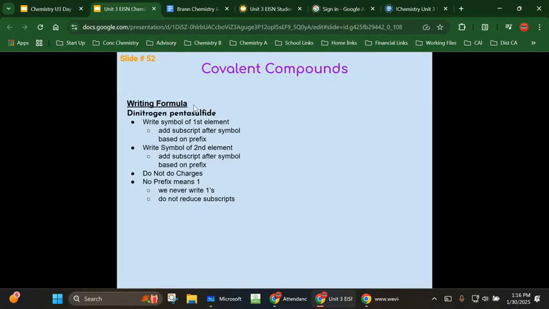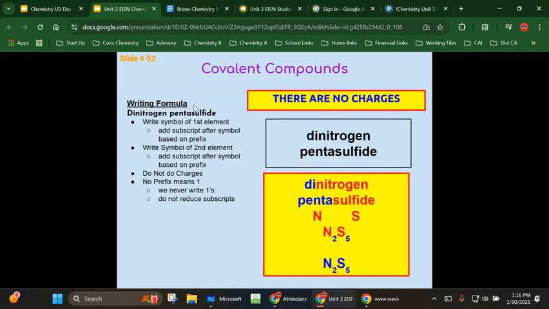Dinitrogen pentasulfide. Dinitrogen. Jalen, what does dinitrogen mean? 2 nitrogens. What does pentasulfide mean, Stephanie? Okay, so when we put 2 nitrogens and 5 sulfurs together, ladies and gentlemen, we get N2S5.